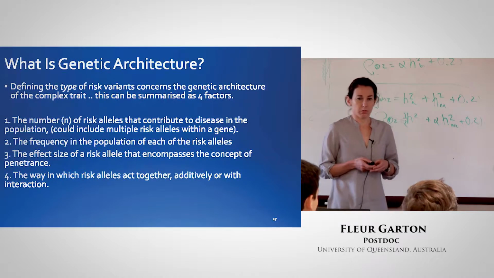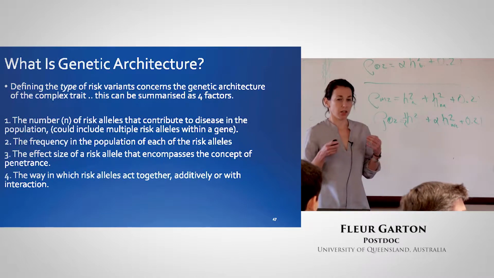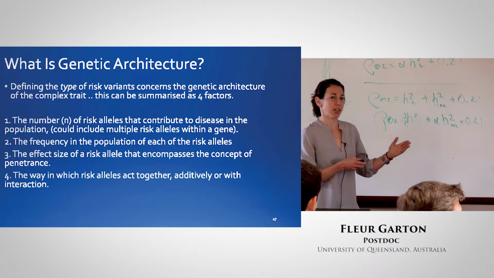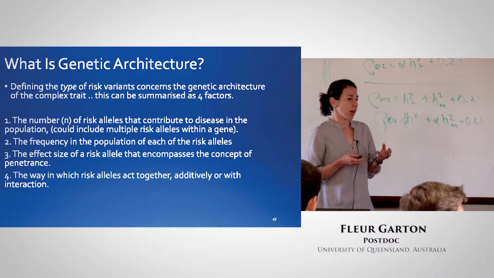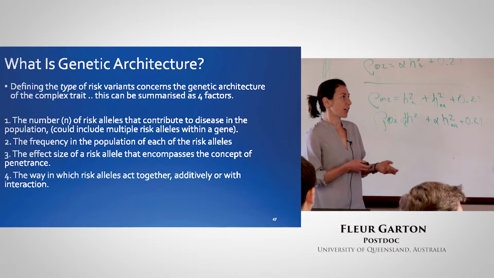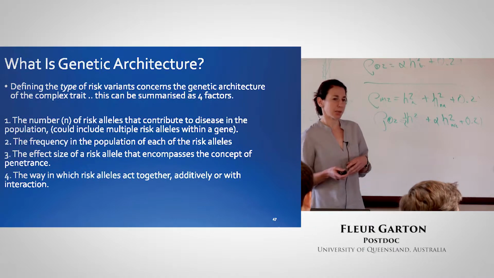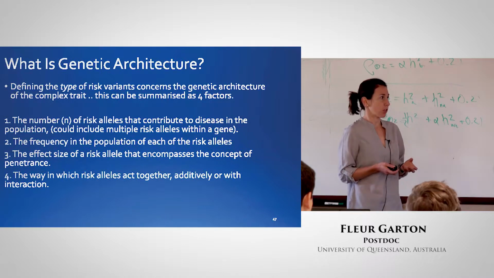So often, I guess people might ask, well, what is the heritability of the disease is typically the first question, and then what is the genetic architecture? And so there's four main things related to defining that. So this is really looking at the type and frequency of these risk variants of the complex trait that you're interested in.